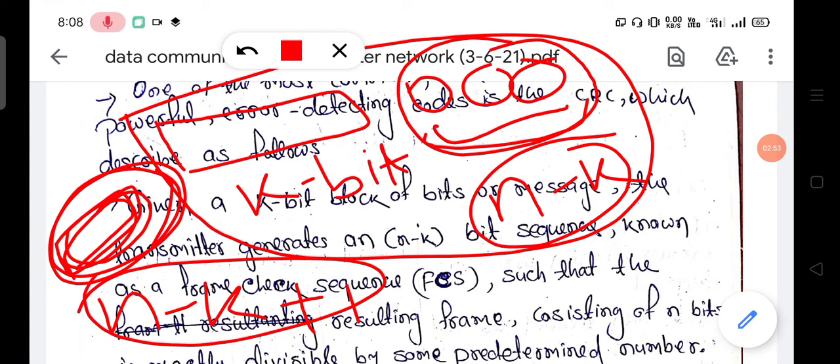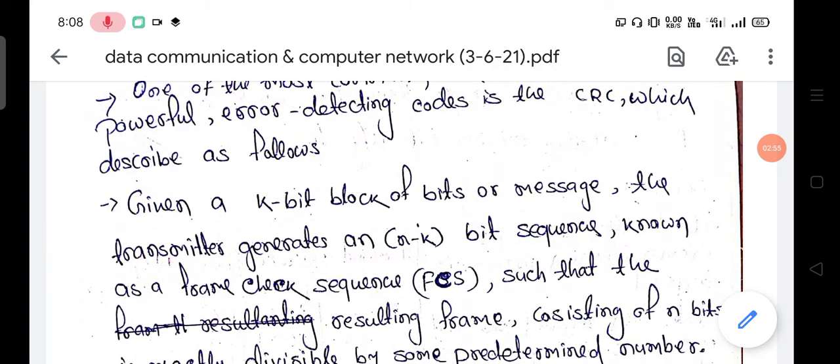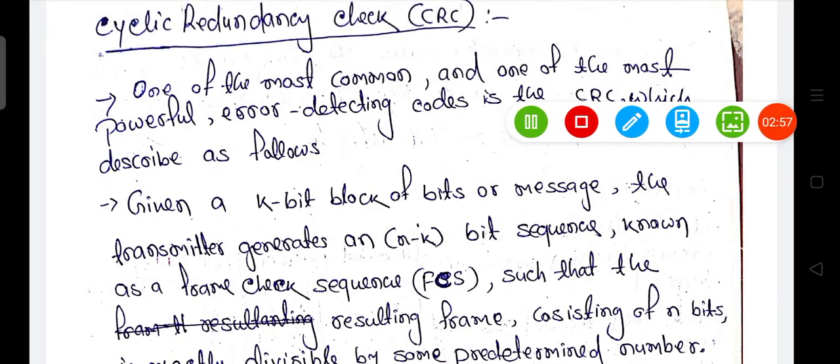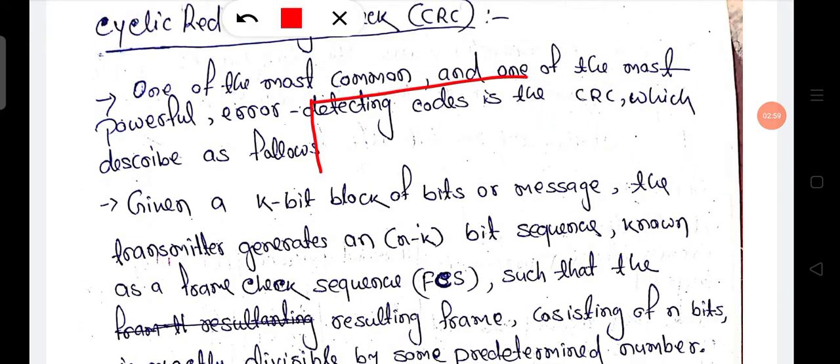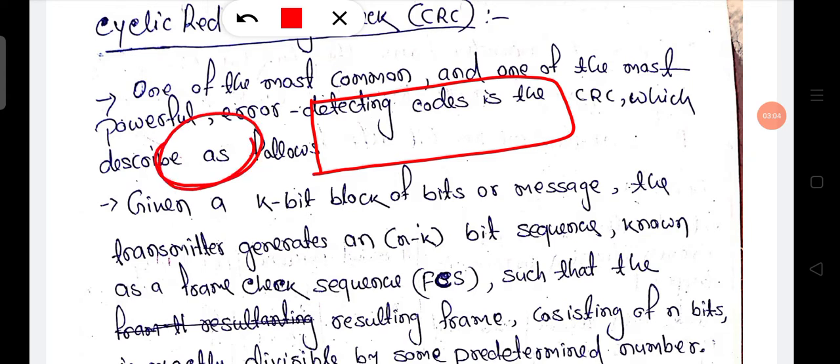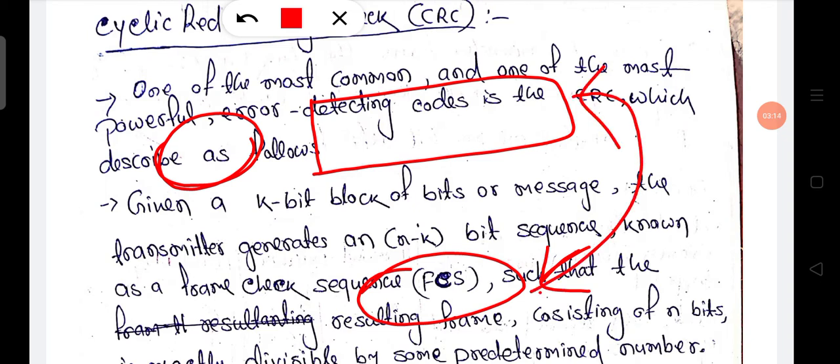We divide the binary bits by the divisor, and we get some remainder. That remainder we add to our information and send to the receiver end.